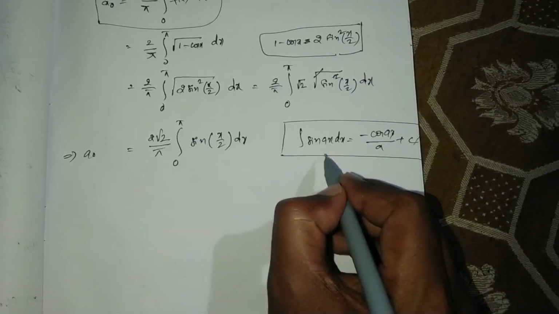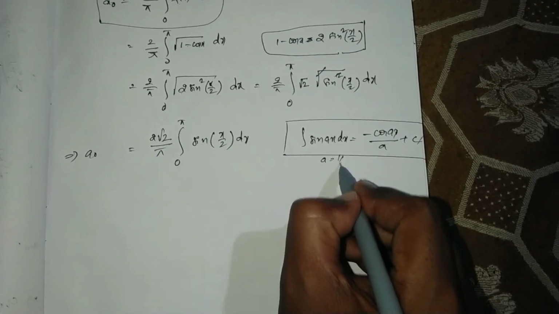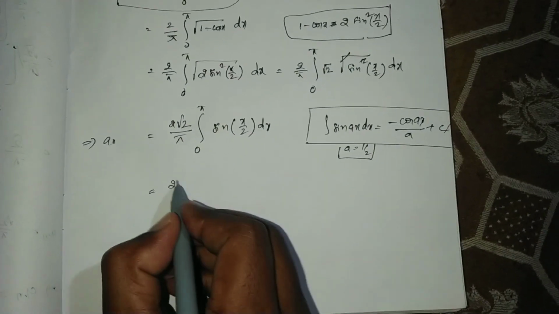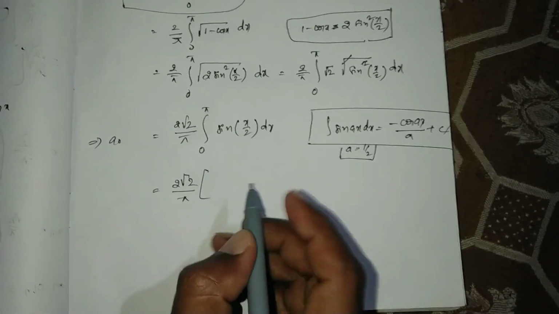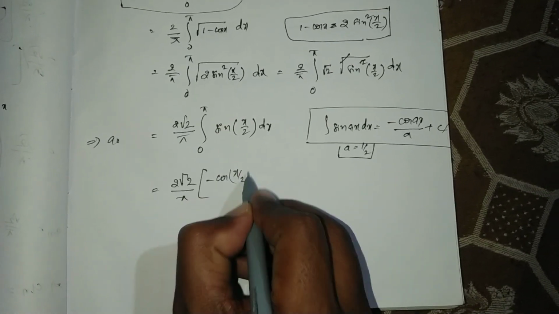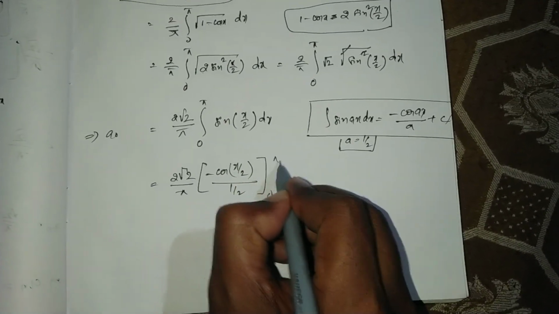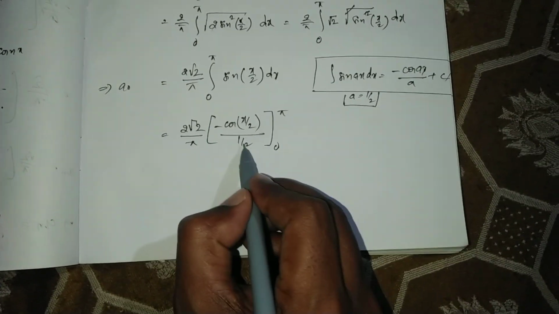If we compare these two, here the x coefficient a is 1 by 2. So that is equal to 2 root 2 by pi times negative cos x by 2 divided by 1 by 2, where the limits are 0 to pi. Now take the minus and the 2 common.